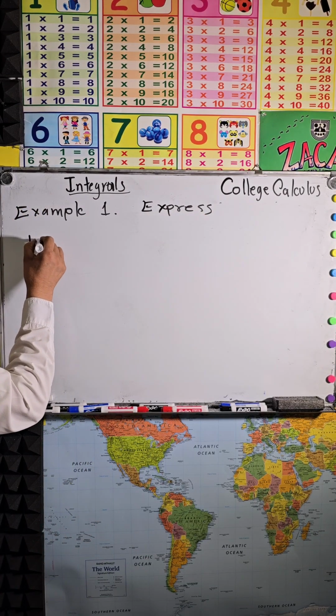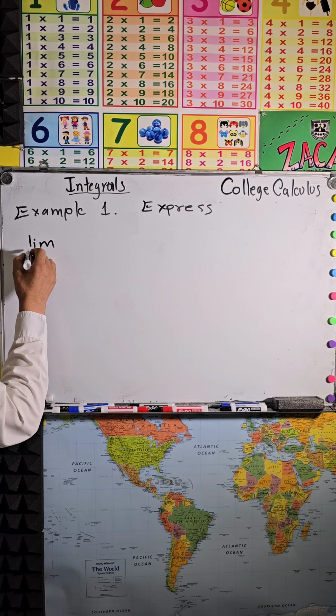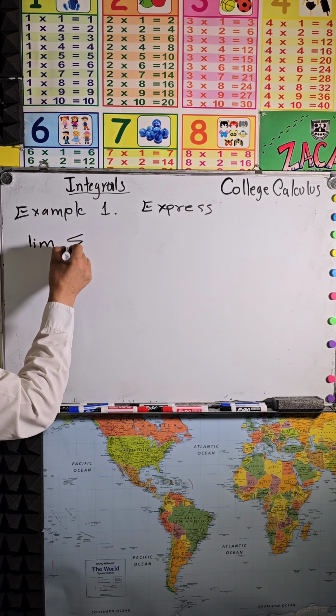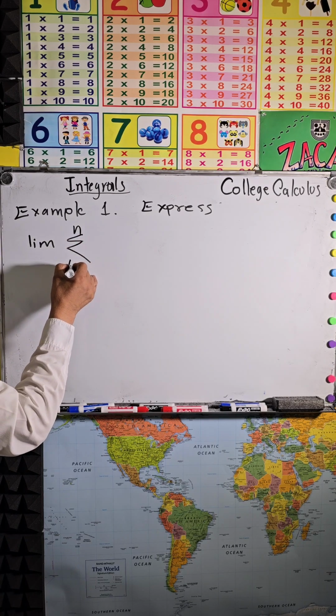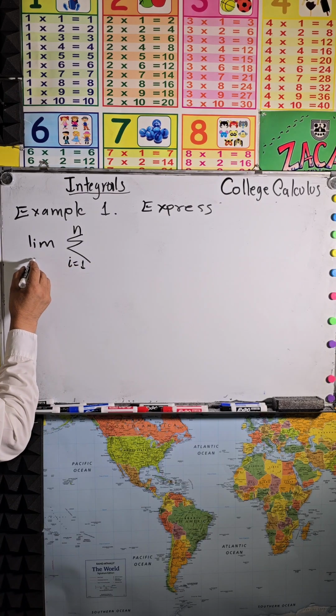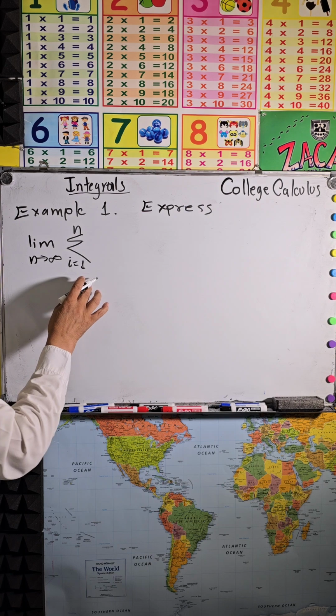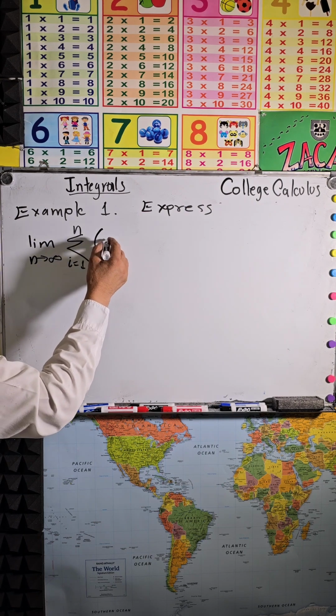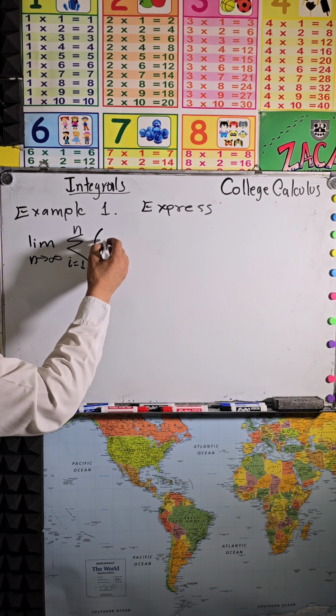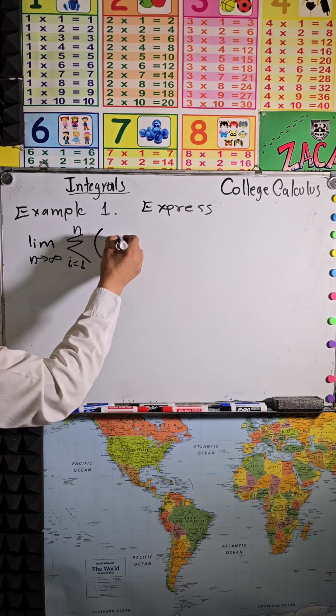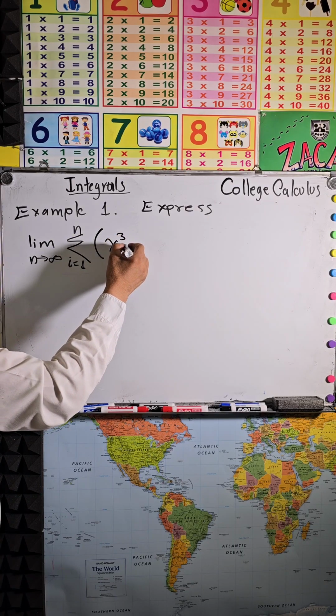Let's write the limit of the sum from i equals 1 to n as n approaches to infinity. All right, we have our problem here. Let's write x to the third power.